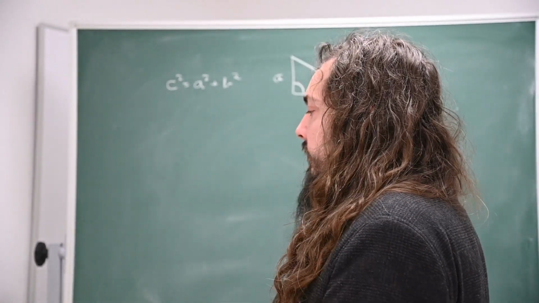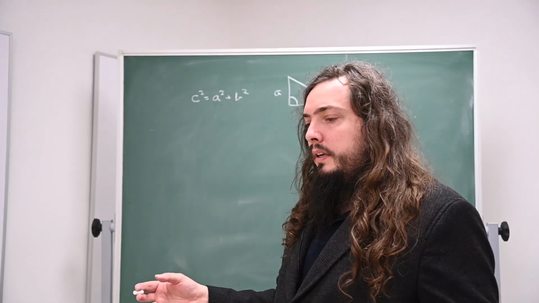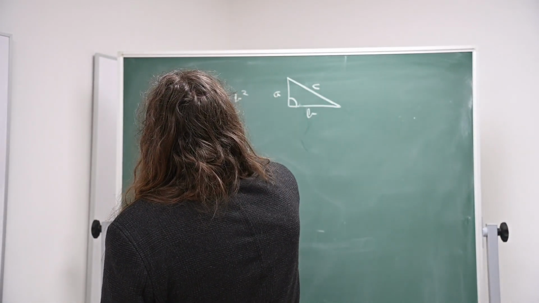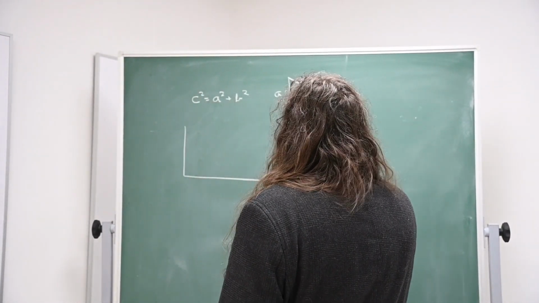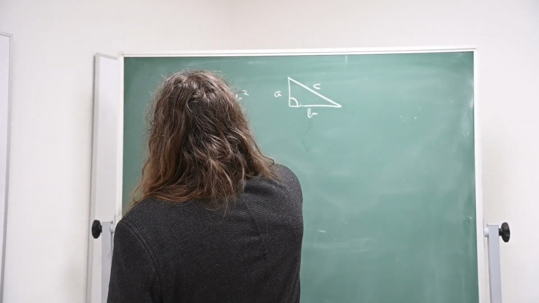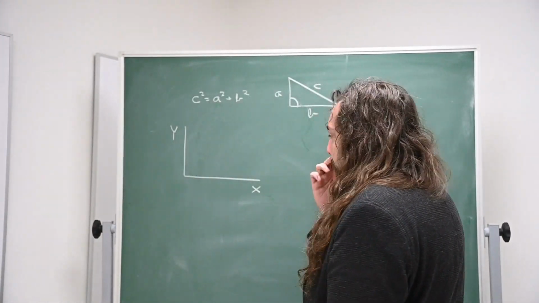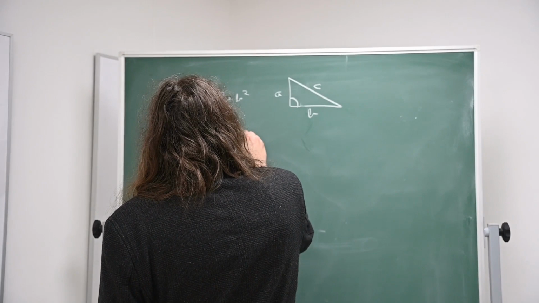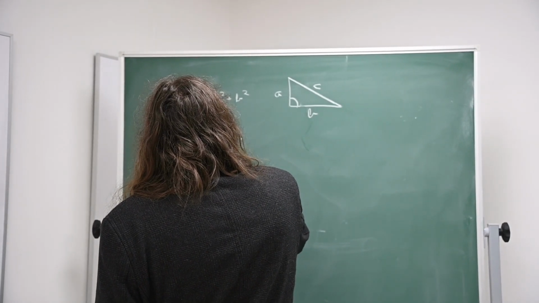Our well-known two-dimensional or three-dimensional space, because we can consider the Cartesian system, for instance, the two-dimensional Cartesian system. So we can ask ourselves, what's the actual distance?